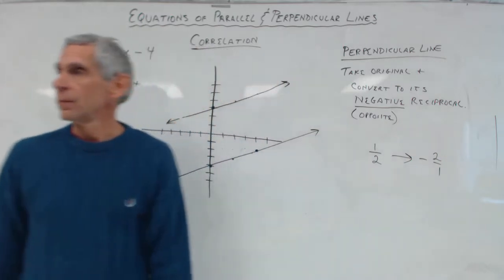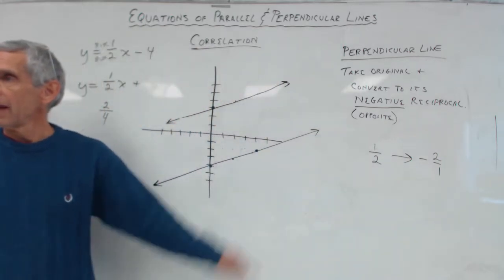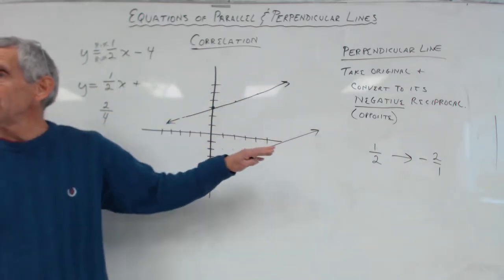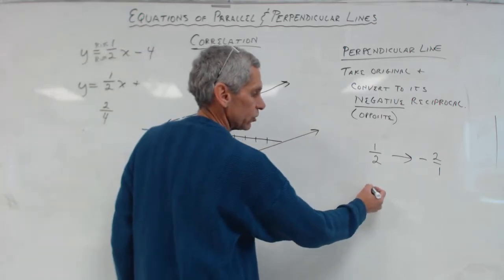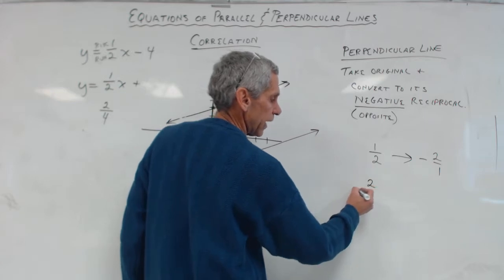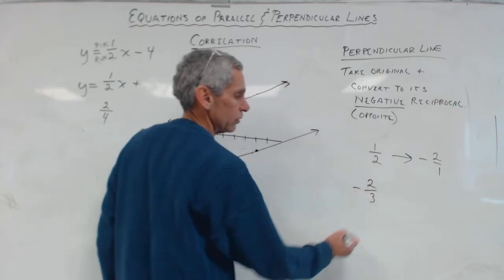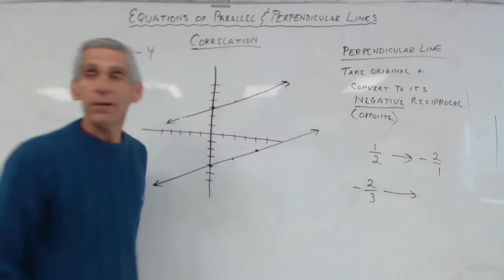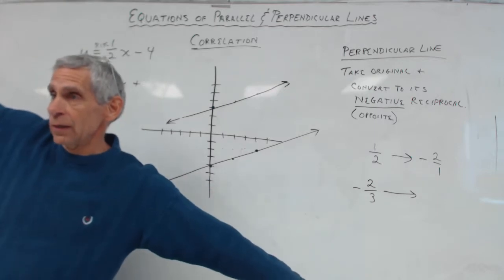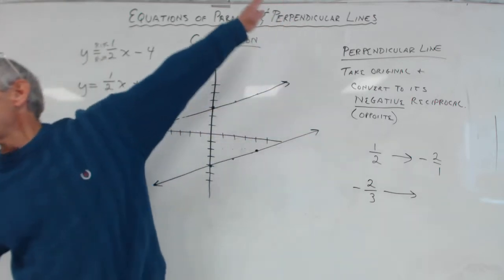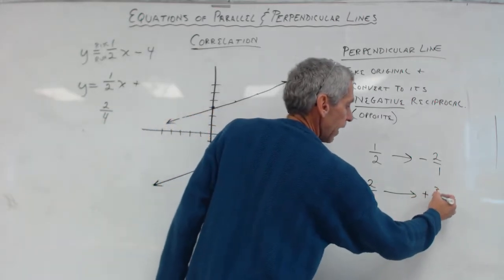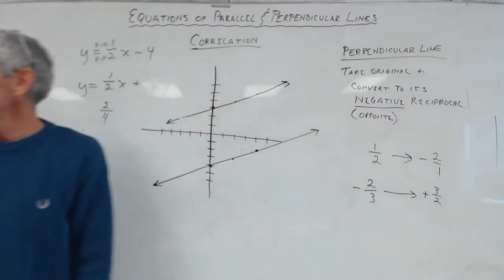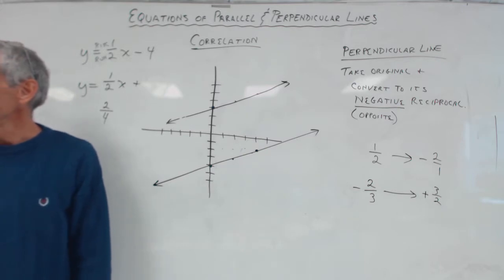I have to flip it, and I have to change the sign. If the original slope was negative 2/3, that's a negative correlation, so it's got to be positive 3/2. Does that make sense? You guys see that?